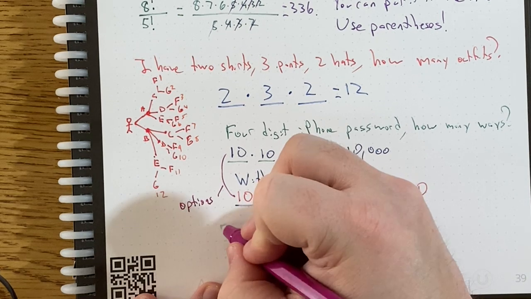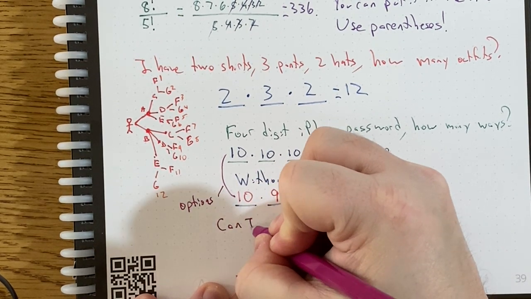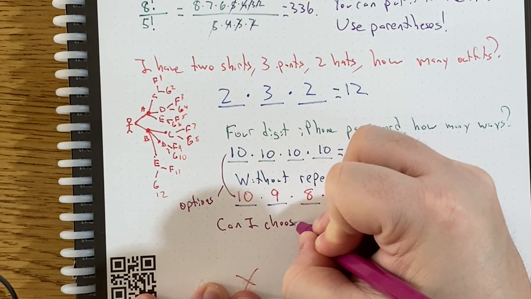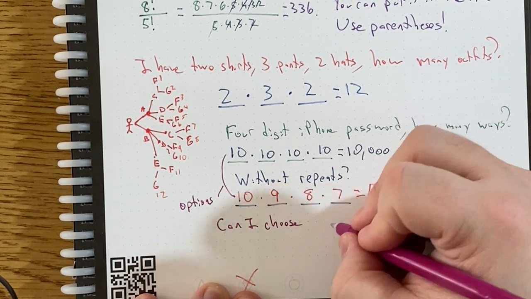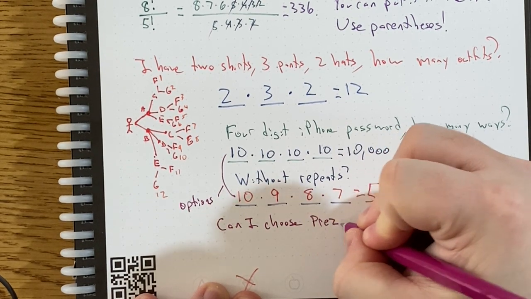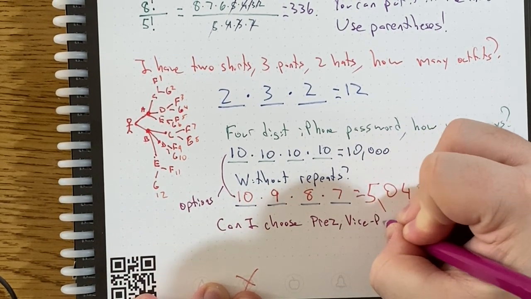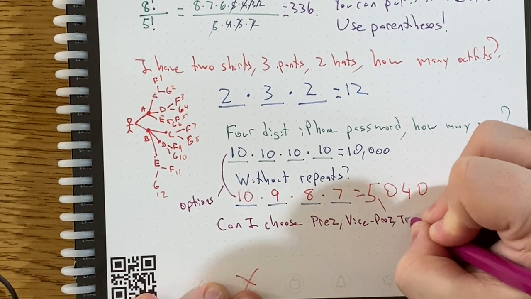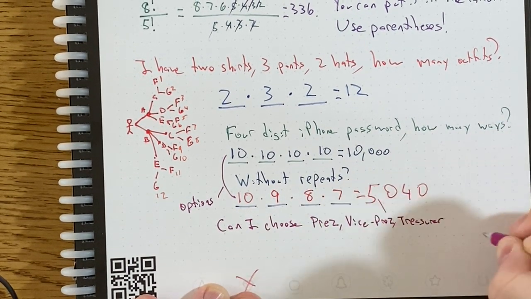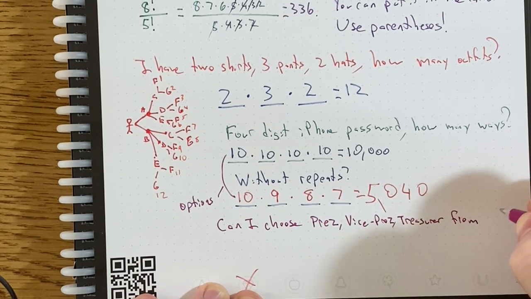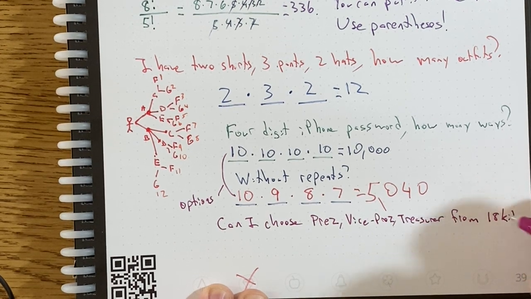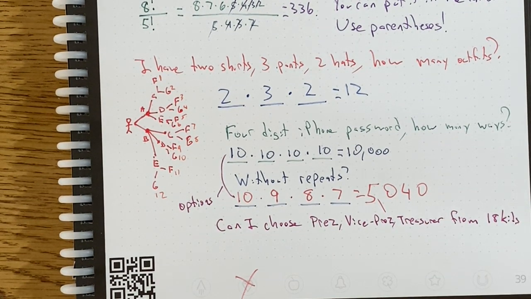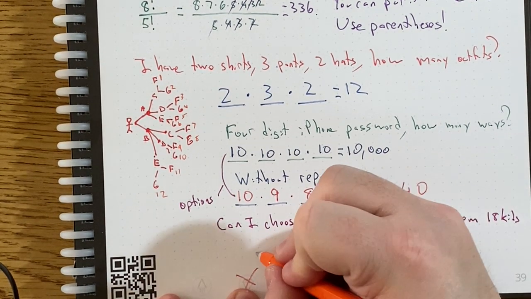I can also say something like, how many ways can I choose a president, a vice president, and a treasurer from 18 kids? So let's say we have a class of 18. We need a president, vice president, treasurer. So there's 3 different spots, right?